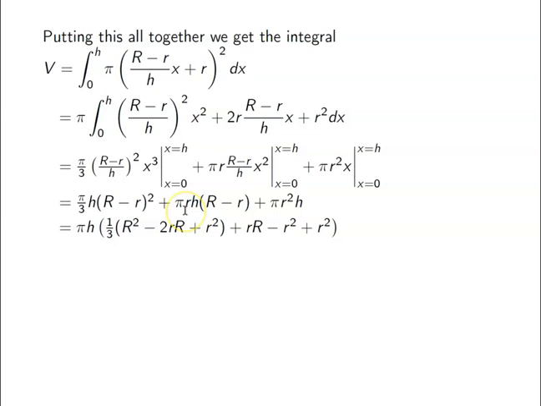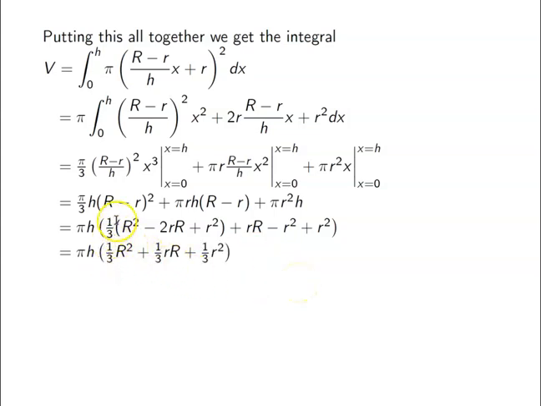Here, I'm leaving the little r times big R, little r times negative little r. And this is just r squared. So again, I factored out pi and h, and anything else I left on the inside, and I expanded this big R minus little r squared. Okay. So now I can start to combine like terms inside of here. I need to distribute this 1/3 first, so we'll go ahead and do that and combine our like terms.